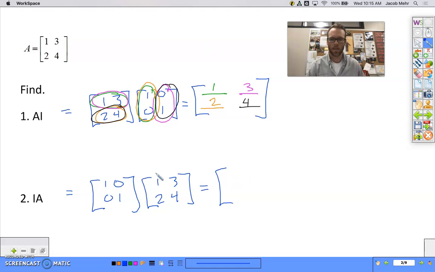Top left, 1 times 1 plus 0 times 2, 1. Top right, 1 times 3 plus 0 times 4, 3. Bottom left, 0 times 1 plus 1 times 2, 2. Bottom right, 0 times 3 plus 1 times 4, 4. And again, we get matrix A.